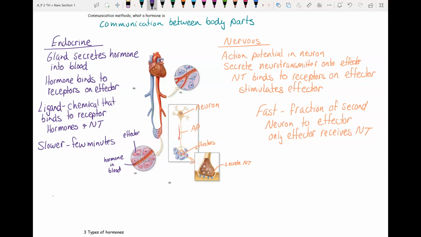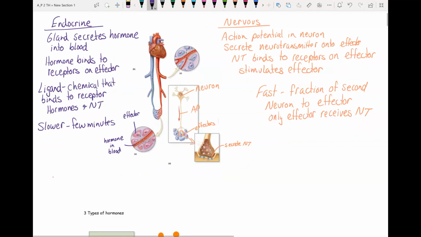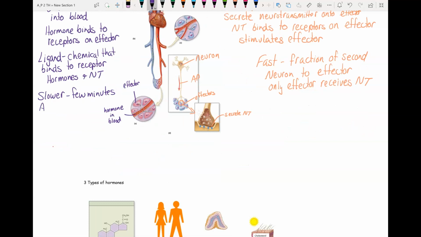It also is widespread. Since the hormone is in the blood, all the parts of the body are exposed to the hormone. So the way you target specific cells is with the receptors.